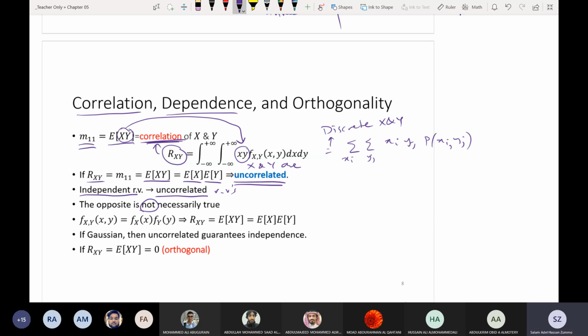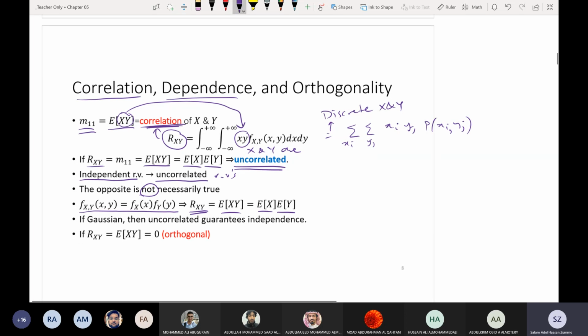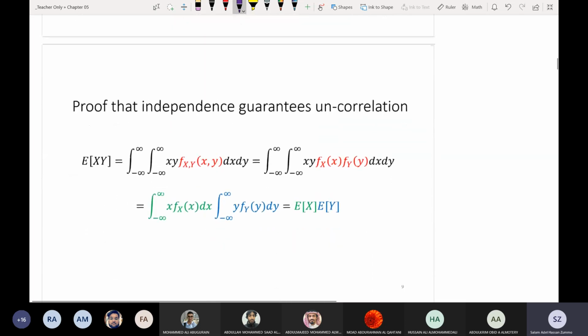So independent means the joint PDF equals the product of the marginal PDFs, fx, fy. Now, if this is the case, then the correlation will be the product of the expected value of x multiplied by the expected value of y. And the proof for that is the following.